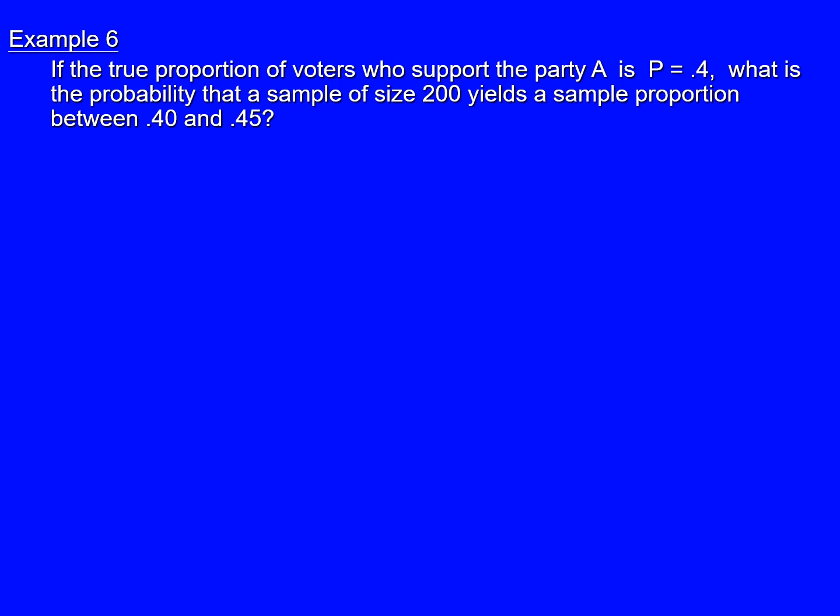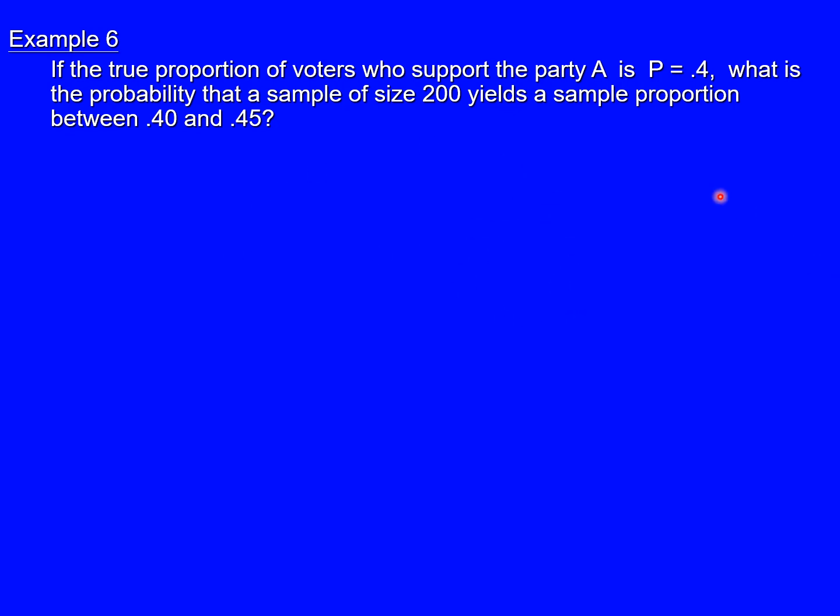End of the question. Now the last example here, example 6. The true proportion of voters who support party A is p equals 0.4. What is the probability that a sample of size 200 yields a sample proportion between 0.40 and 0.45?